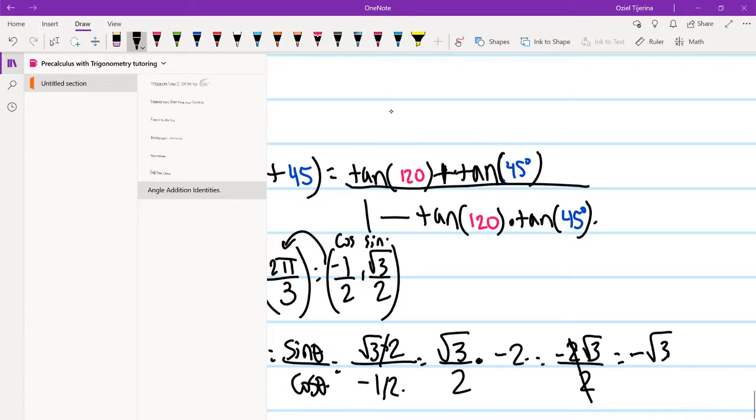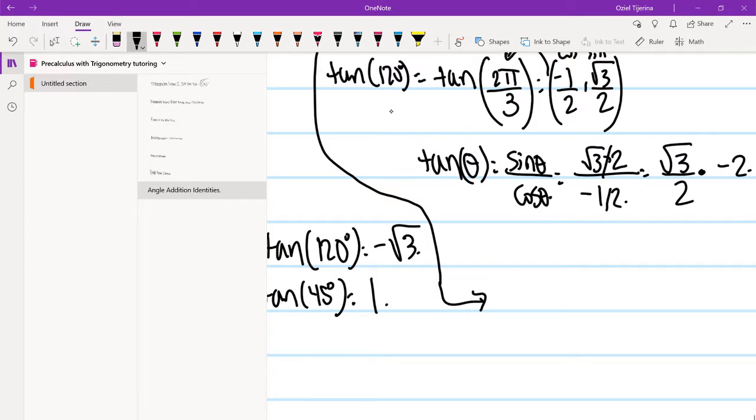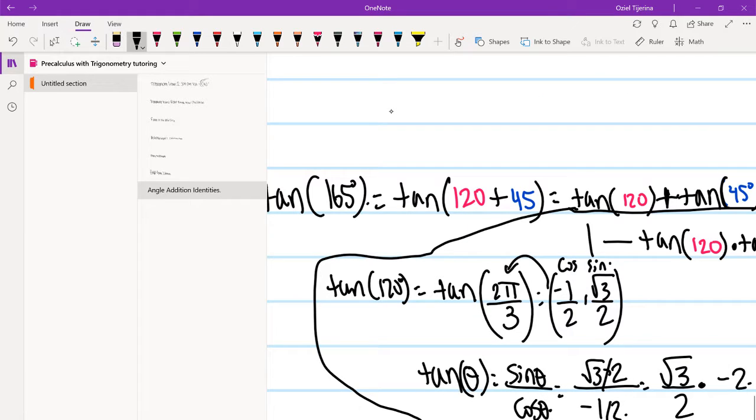So if we look over here, it's going to be again tangent of 120 plus tangent of 45 divided by 1 minus tangent of 120 times tangent of 45.